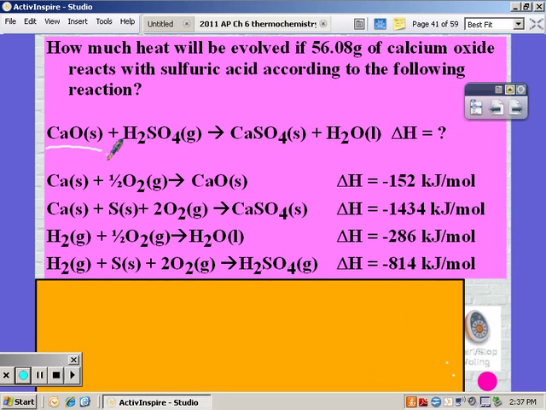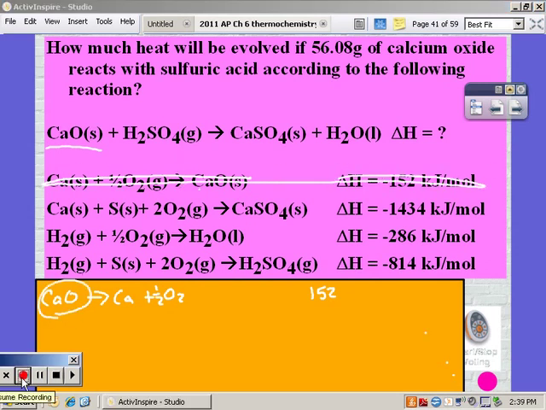We have calcium oxide as a reactant and we have it as a product. So we have to reverse the first reaction. Then we have sulfuric acid as a reactant, and we have it as a product in the fourth equation.